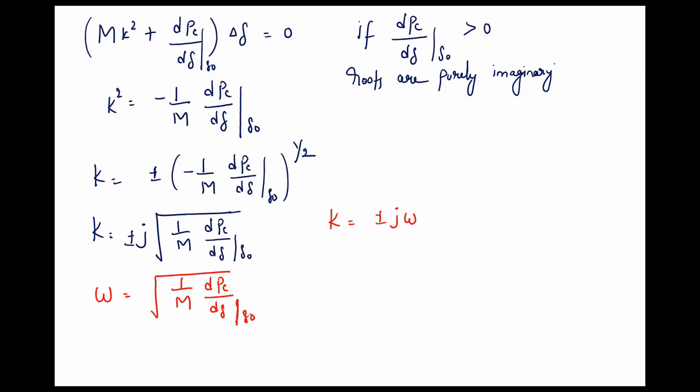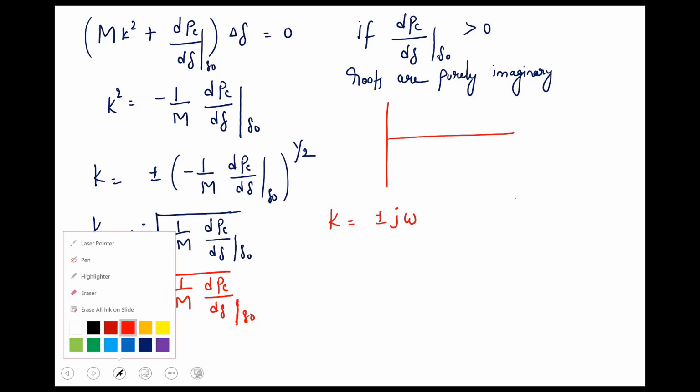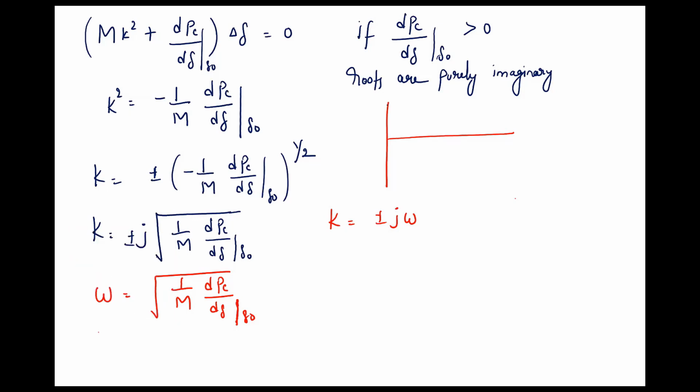If your dPe/dδ at δ₀ value is greater than 0, then you can conclude your machine is stable for the disturbance. Understand? Okay. So your oscillations will be like this.